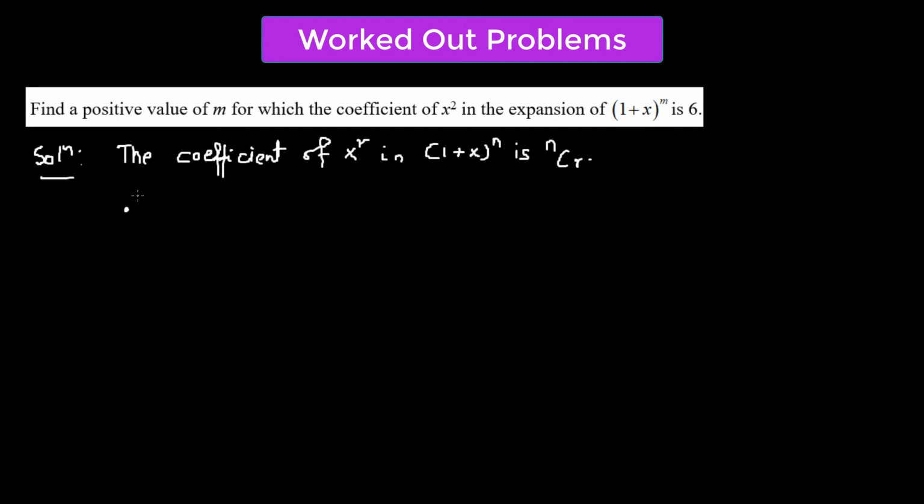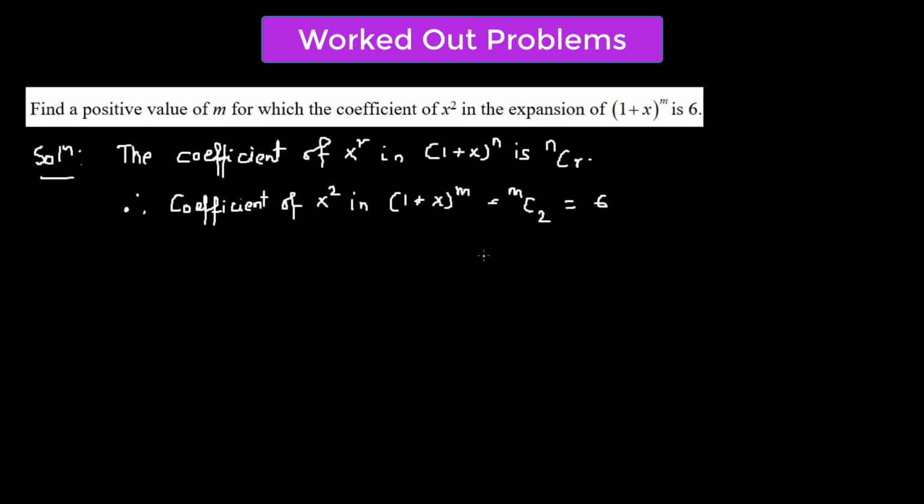Therefore, using this fact, we can say that the coefficient of x squared in the binomial expression (1 + x)^m will be equal to mC2, and this value is equal to 6.